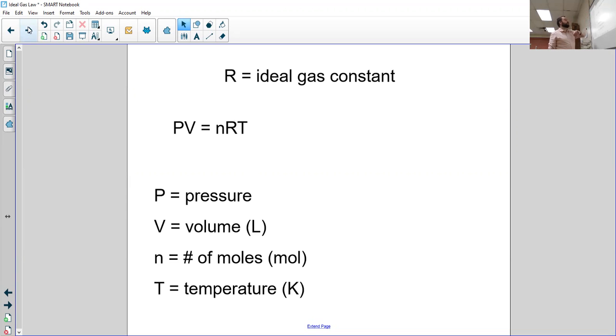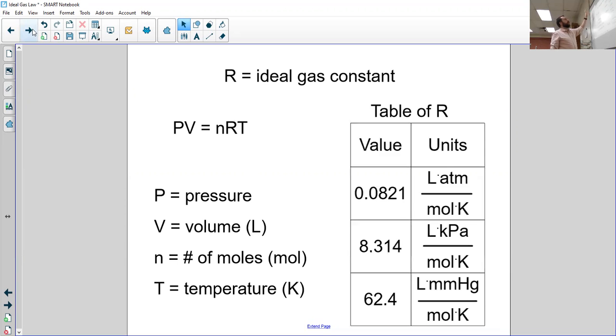All right, so P equals pressure, V equals volume in liters, n is the number of moles, and T is the temperature in Kelvin. Now pressure, we have a bunch of different pressure units that we've talked about. We're going to choose our R value based on the units of pressure. You can see all of these units in the right-hand column have liters per mole Kelvin.